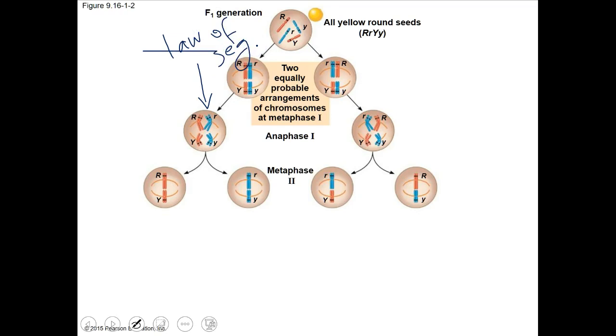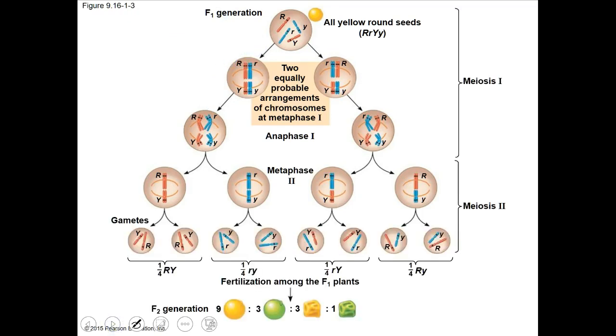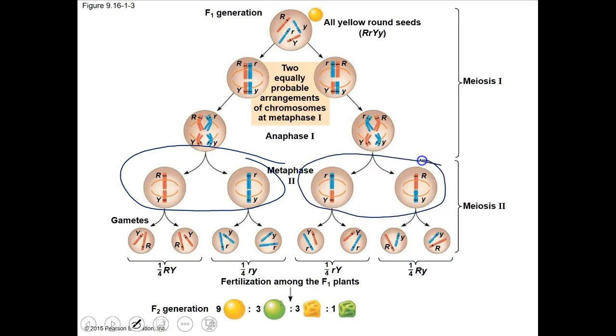But when we enter metaphase 2, the whole point is that these guys can line up differently. So this is one possibility where these guys had lined up in the middle, where all the red ones were to the left and all the blue ones were to the right. However, we could have the possibility where blue and red have different mixtures.